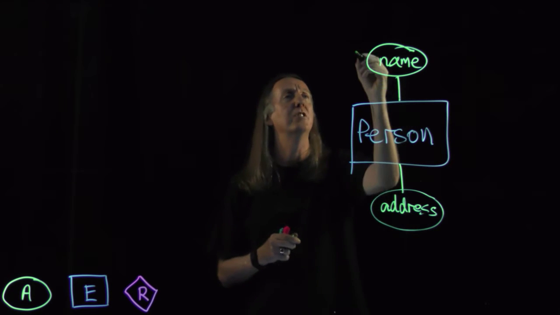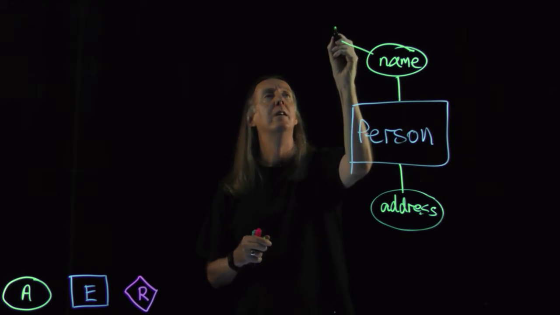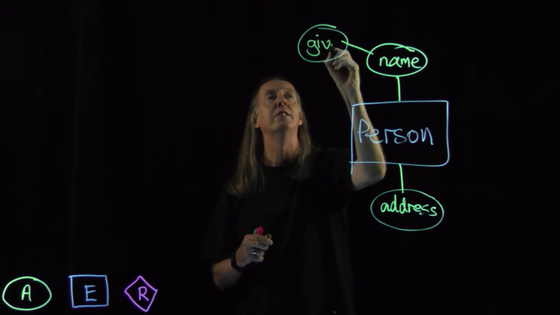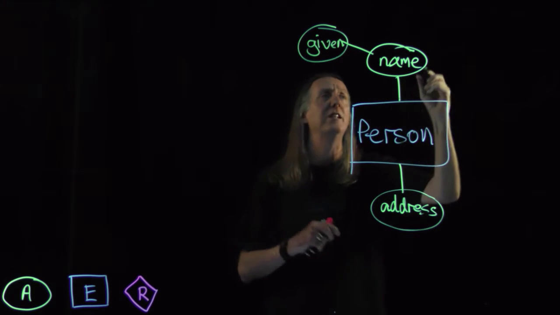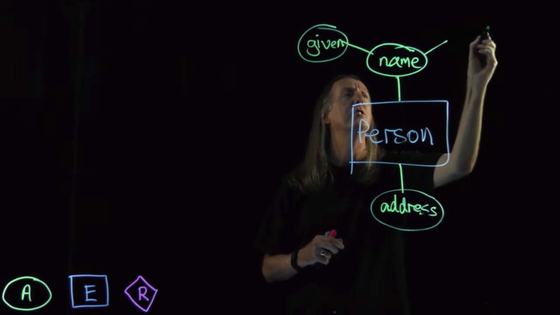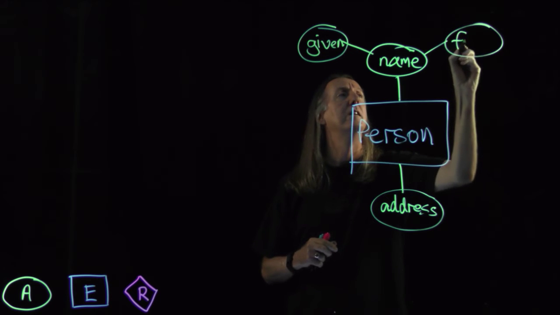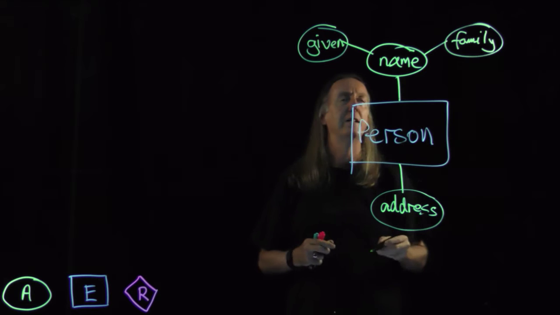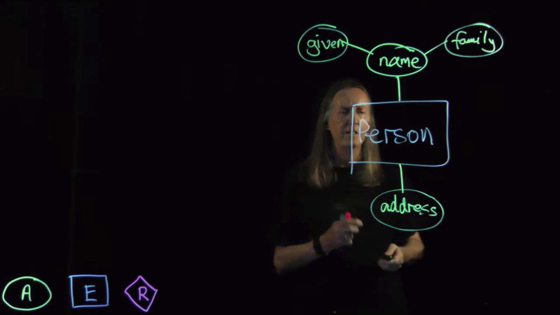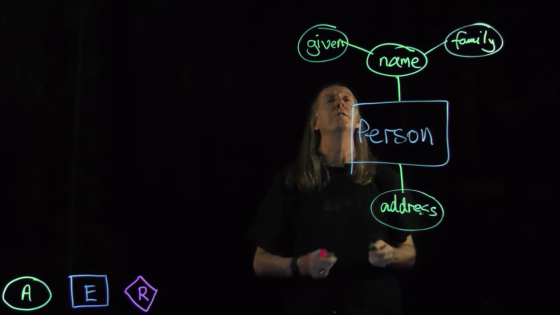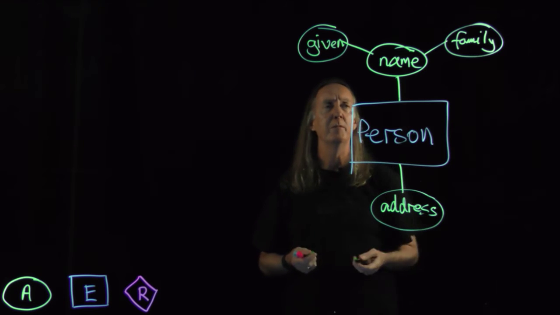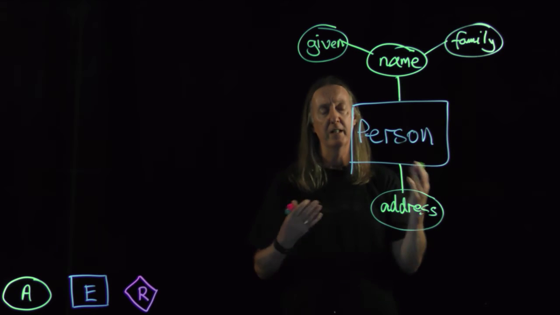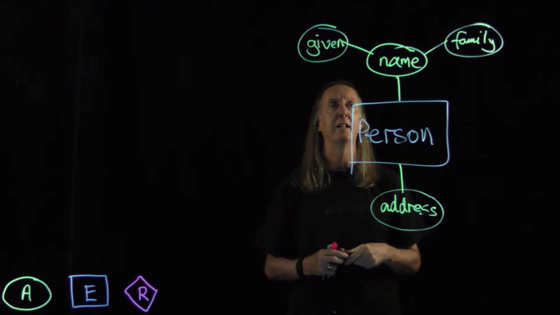So we've got name, which is actually made up of a set of given names, a string containing their given names I should say, and a family name. So those two things, the given name and the family name, represent the person's name, and in the relational model they're going to be represented by separate attributes.